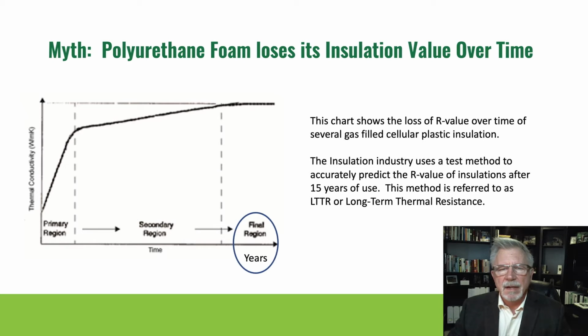Well, we create an LTTR, long-term thermal resistance value. And we're going to estimate that and call it our 15-year value. And that's good. Okay, so we have a test method that's been accepted by the industry for LTTR, long-term thermal resistance, and it's representing the thermal resistance of the material at 15 years.